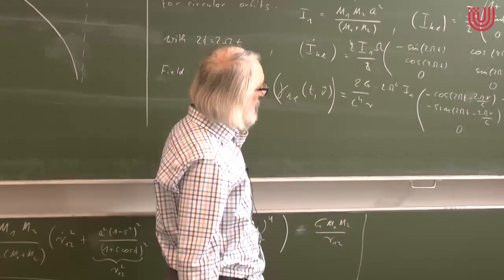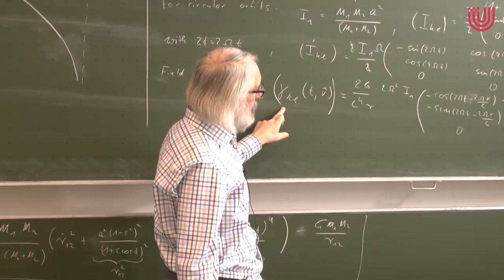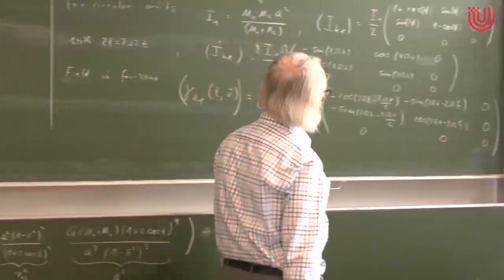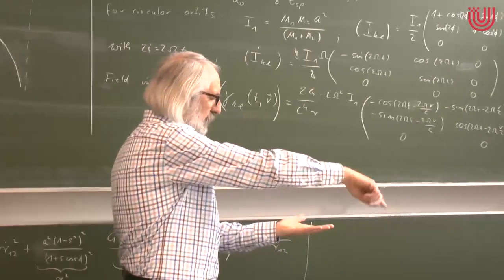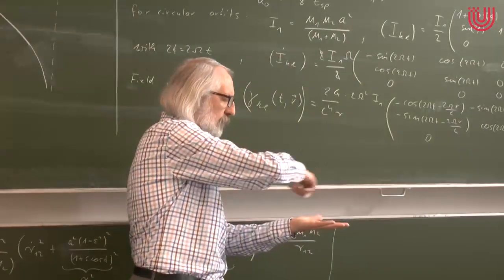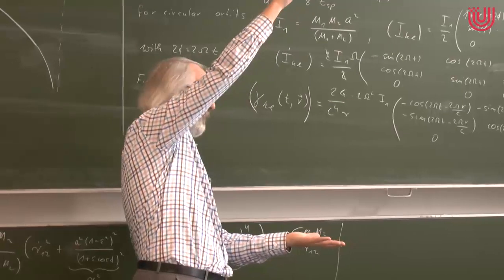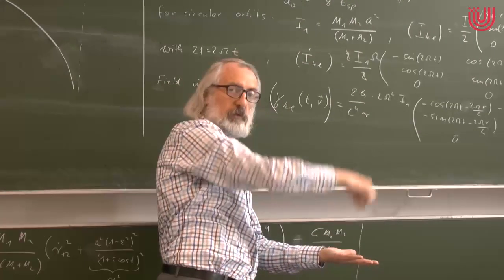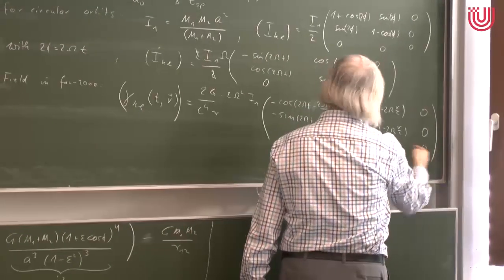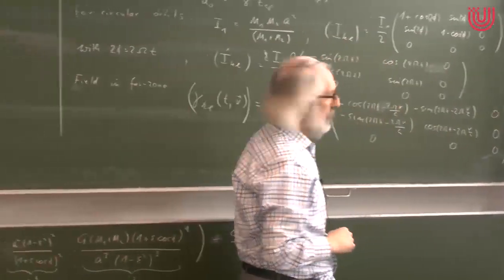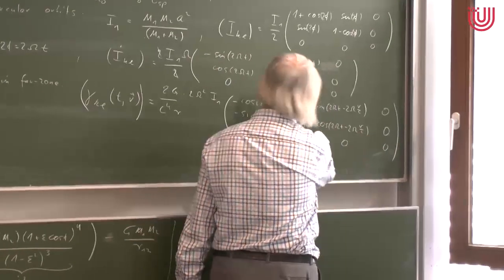But there's one particular point where it is in the TT gauge, namely when my binary system is moving in the x1, x2 plane and the observer is looking precisely from the top. When the observer is at the 3-axis, then I have transversality, and I also have vanishing trace.